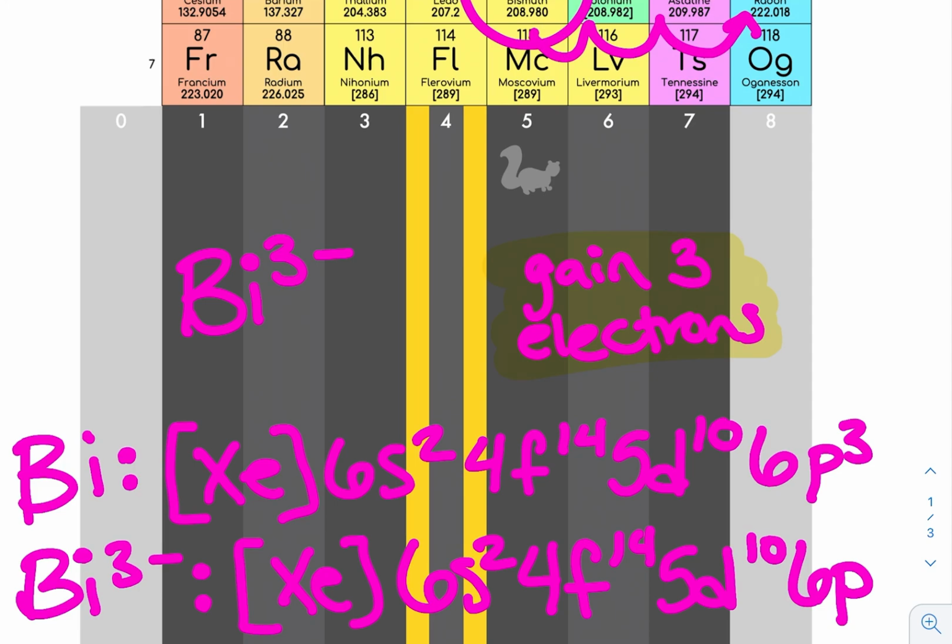We're going to keep going 3 more spaces over till we get to radon, which means we're going to be 6p6. So you can obviously see the difference between our 2 electron configurations. The first one is just for the neutral atom, and the second one is how it looks when we do it for the charged ion.